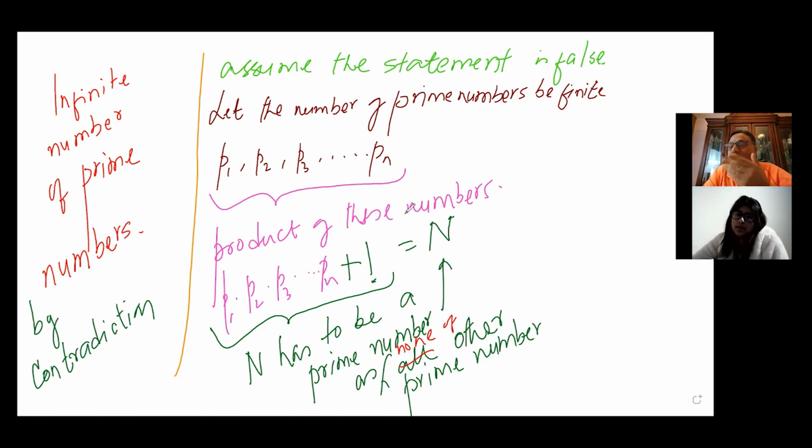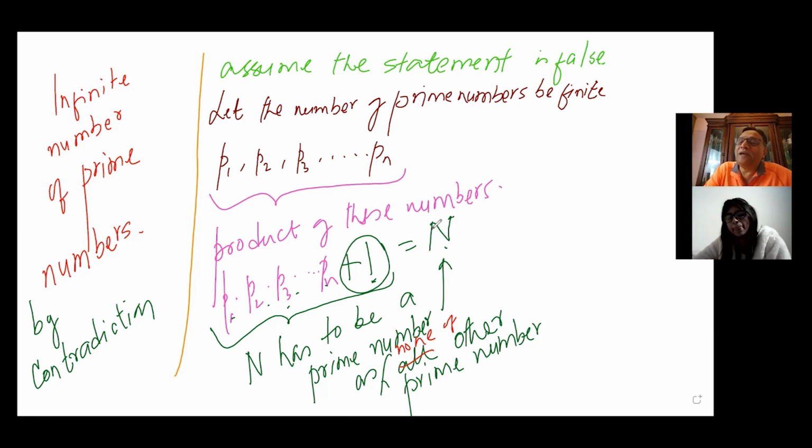It is not fully divisible. If I divide by P3 or any prime number which we have identified so far, none of them are able to divide n wholly, without remainder. None of them is a factor of n.